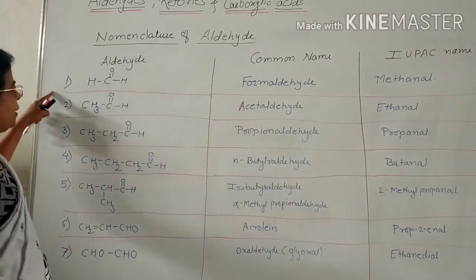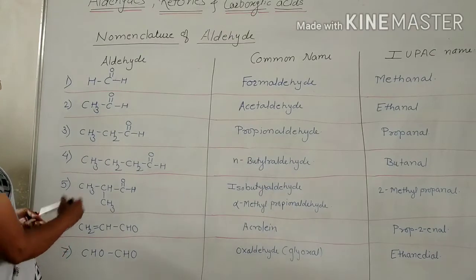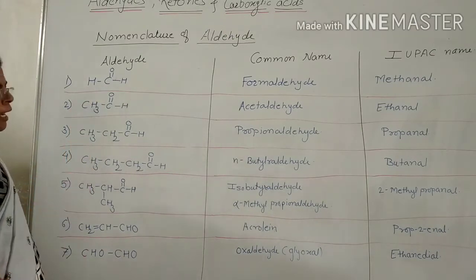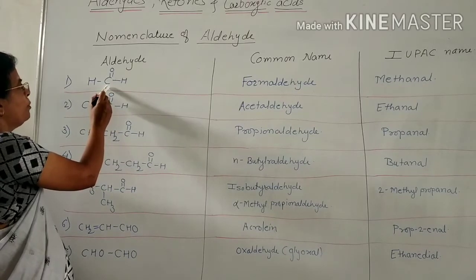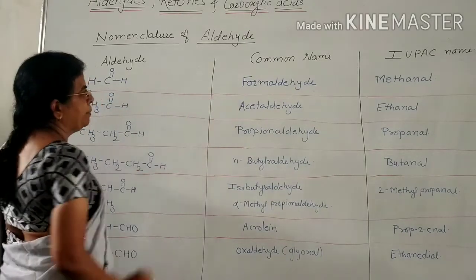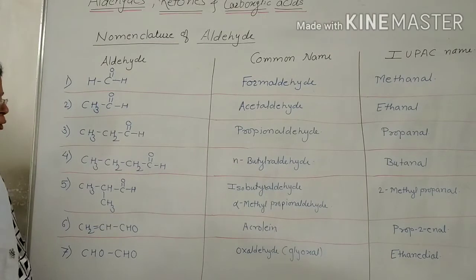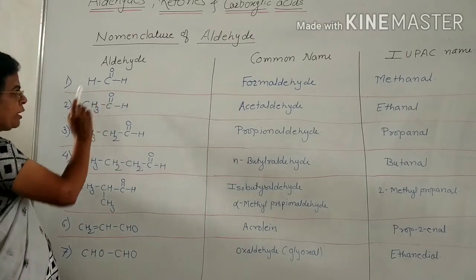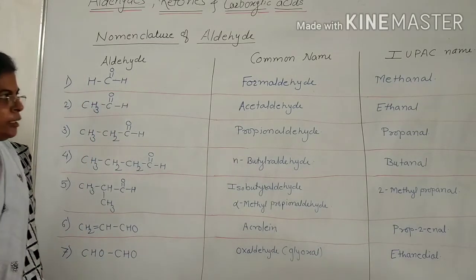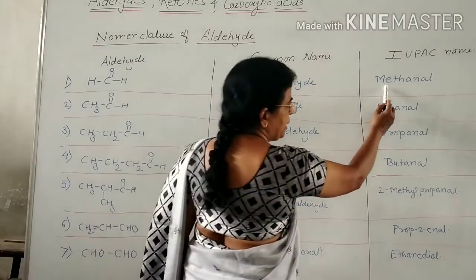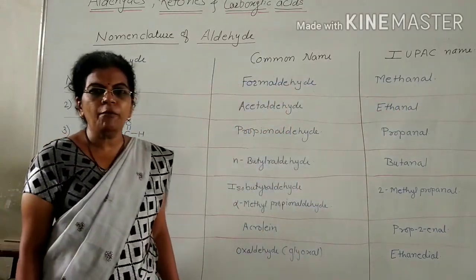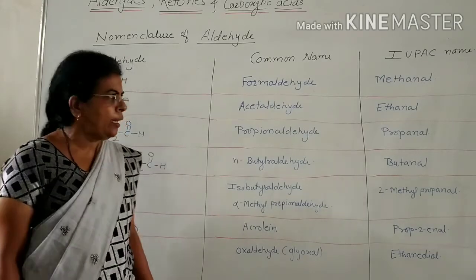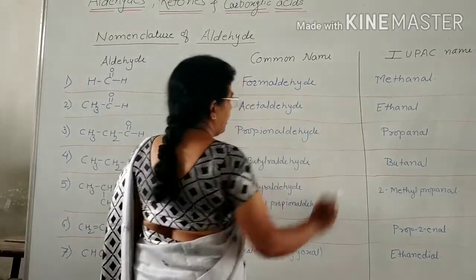First example, HC double bond O H. The name of this aldehyde is formaldehyde. This is the common name. Now the IUPAC name. There is only one carbon atom, therefore the parent alkane is methane and the IUPAC name becomes methanal. That is, replace the suffix E from the alkane by al, therefore it becomes methanal.